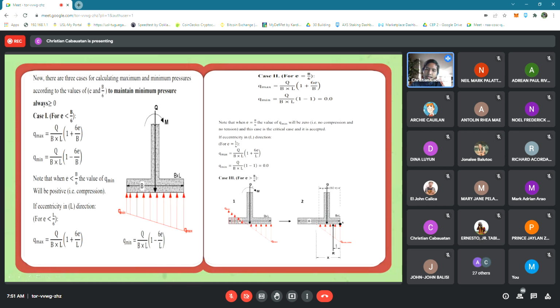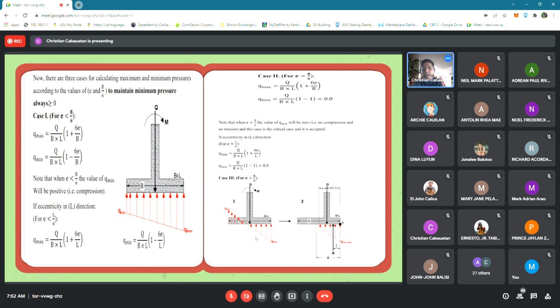And there is also a moment. Okay? So the distribution, the first half, okay, in the right side, the Q maximum is upward. Okay? But it reacts on the bottom of our foundation. Okay? But for the left side, okay, the distribution is upward, but it is on the top of our foundation.